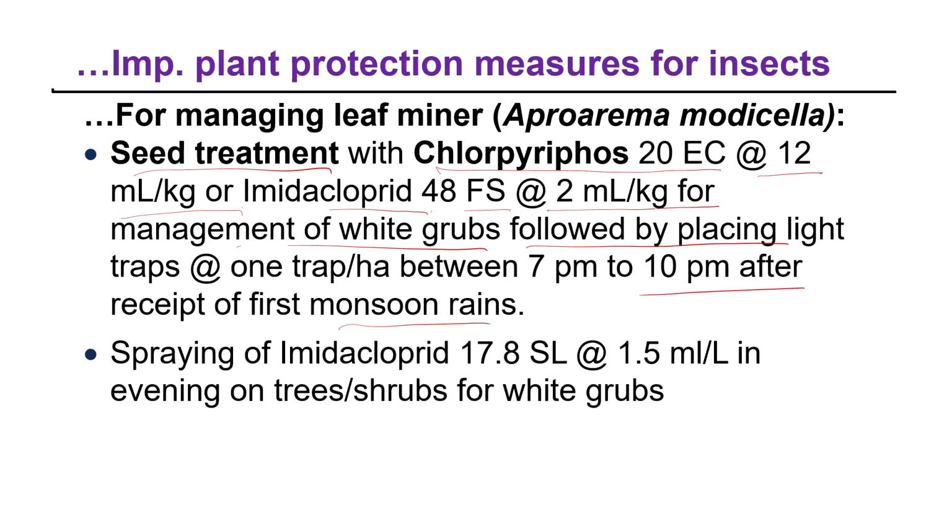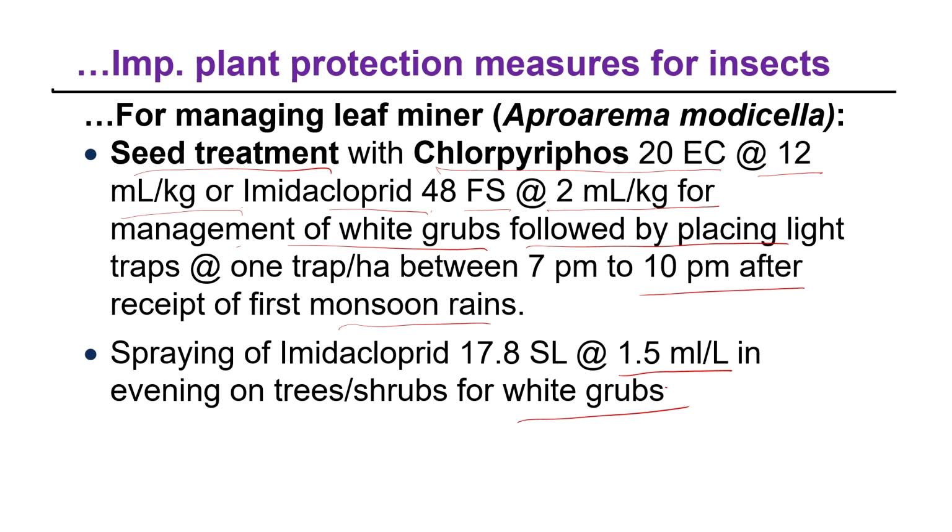Spraying of imidacloprid 17.8 SL at the rate of 1.5 ml per liter in the evening on trees and shrubs for white grubs. So, this is how you can control the adult of this white grub as well as the grubs.